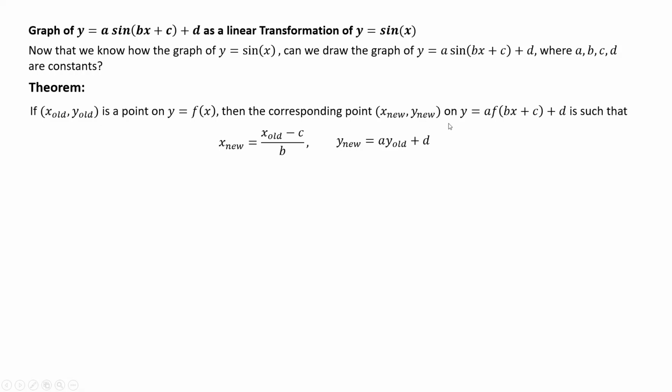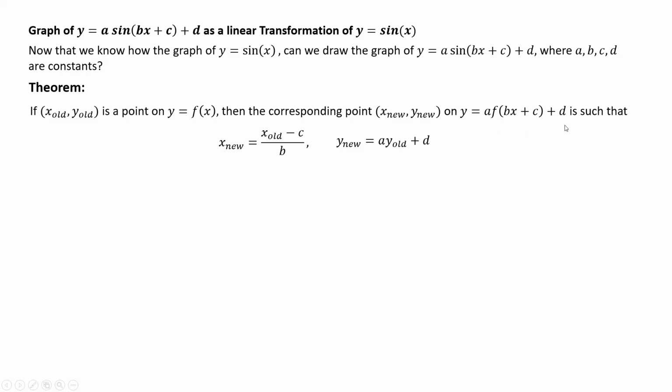What I'm asking here is, can you tell me where that same point 0, 0 would be located on the graph of, say, 2 times x squared plus 7? That is, the new values of x and y of that 0, 0 are x new and y new. Our objective is to find x new and y new.